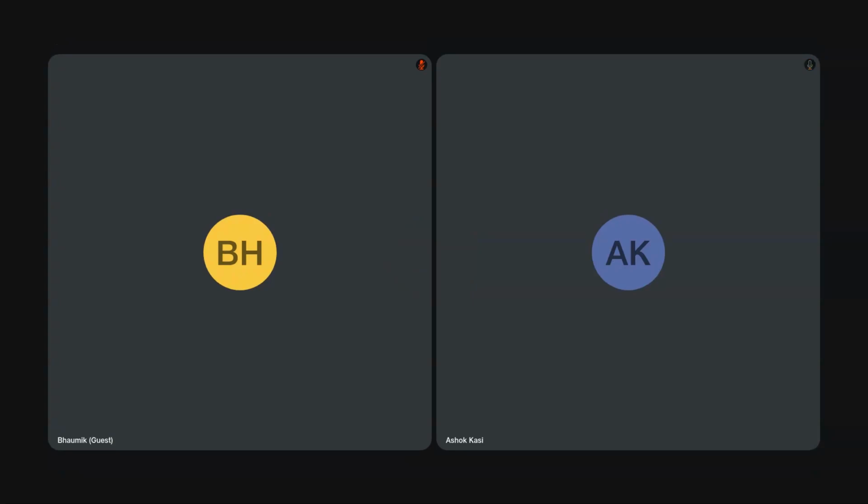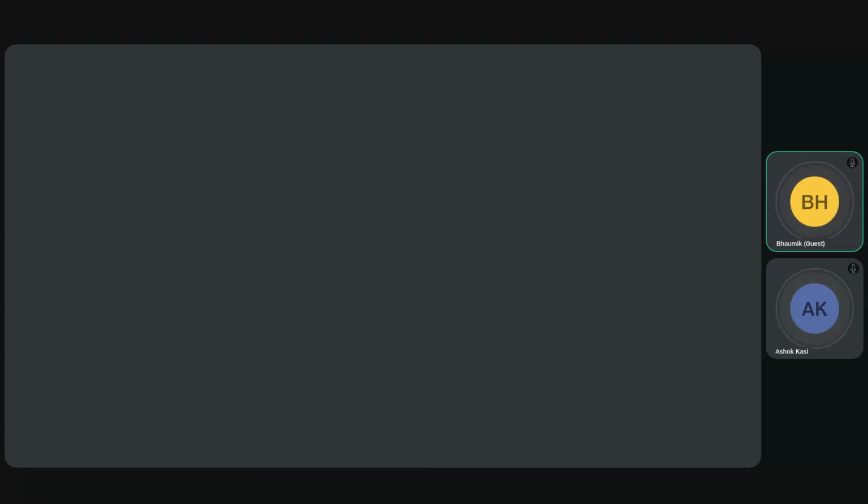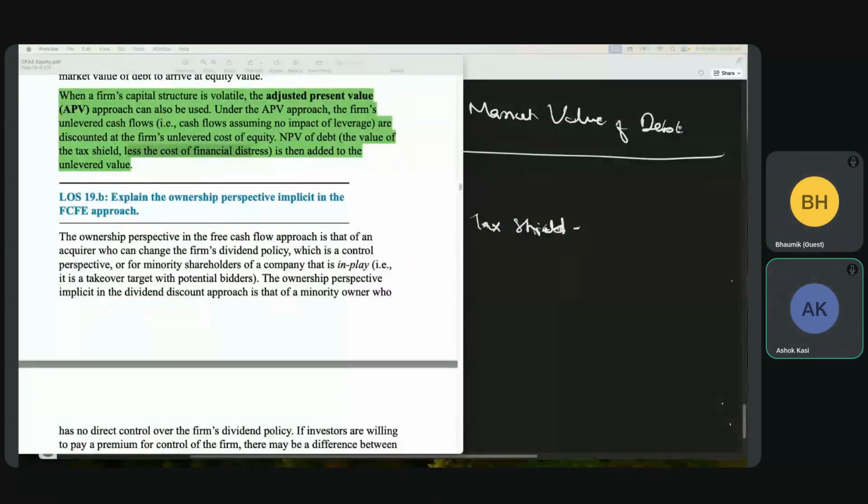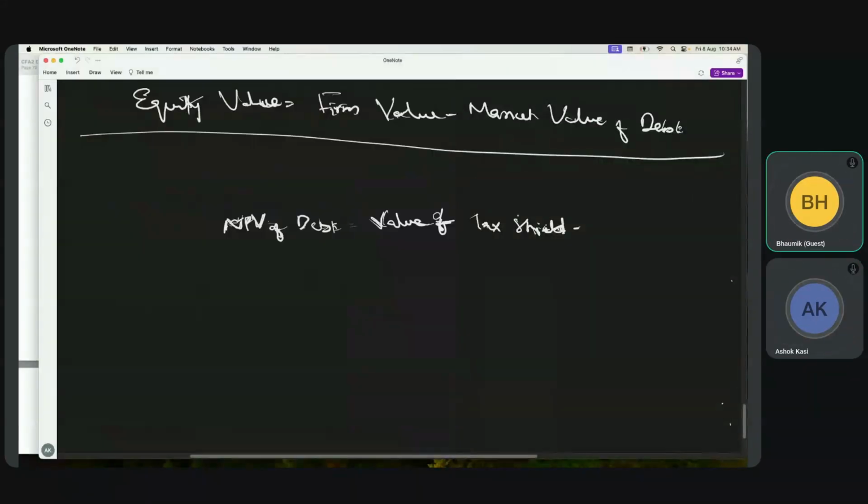Hello. Are you able to understand when I say value of tax shield? Sir, I'm not able to see the screen. Oh, okay. Value of tax shield minus cost of financial distress. So that is too weak, not able to write.